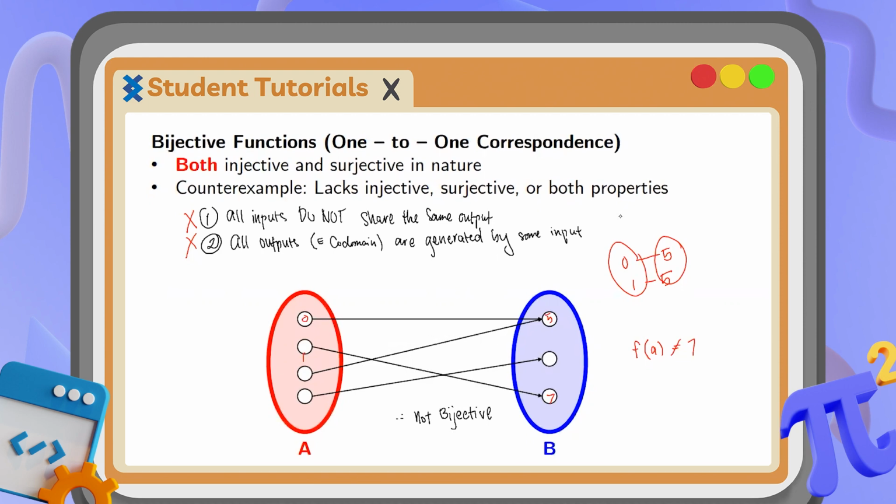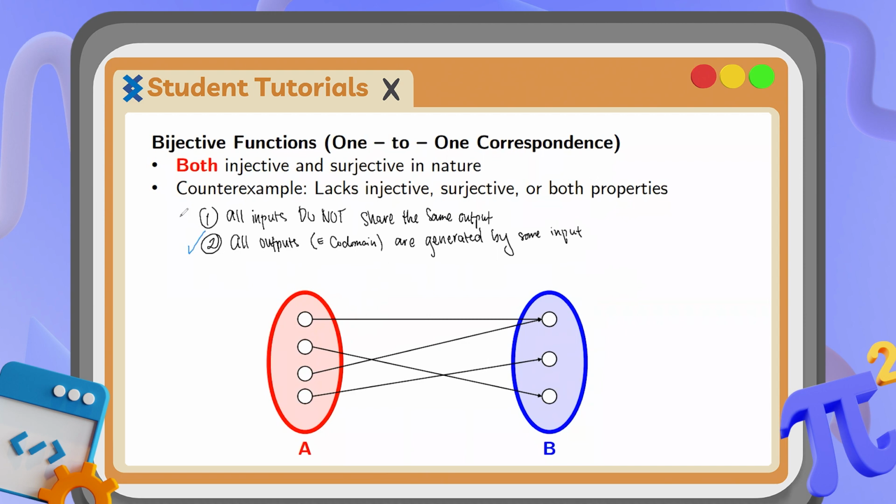So let's have another example over here where we have our values in the domain and our values in the codomain. So here we can see already that all outputs which are part of the range are equal to our codomain, which would make this surjective.